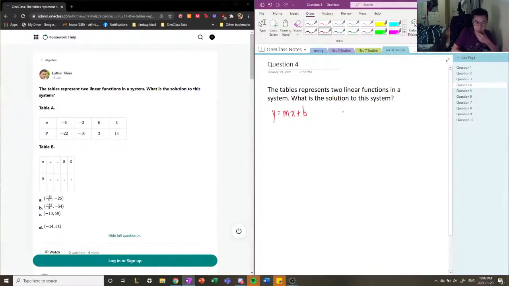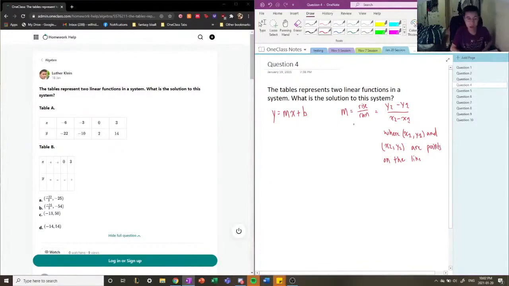Another thing to keep in mind is that the slope of a linear equation is the rise over the run of the line, which can also be equated to y2 minus y1 over x2 minus x1, where x1, y1 and x2, y2 are points on the line. We're going to use these two equations to find our linear equations.